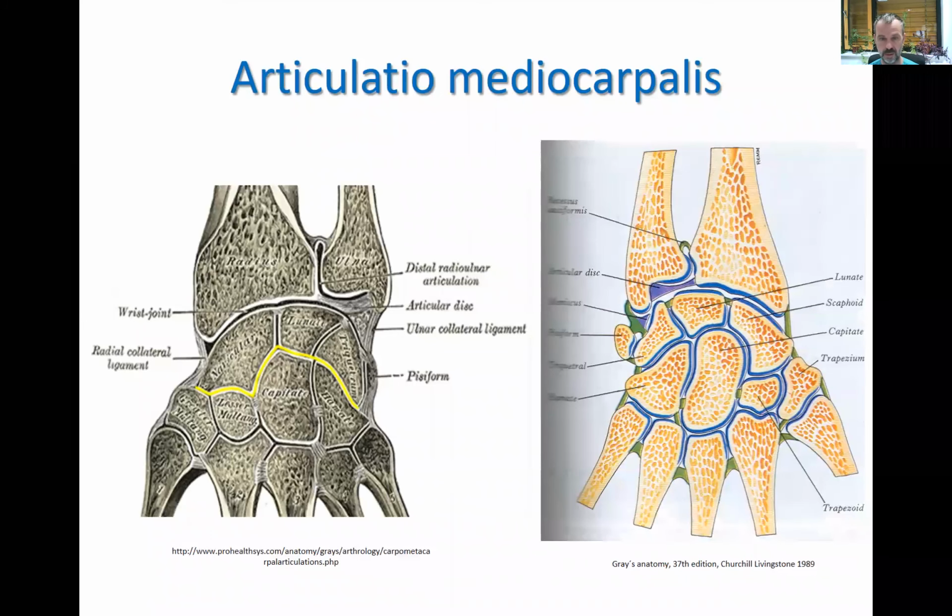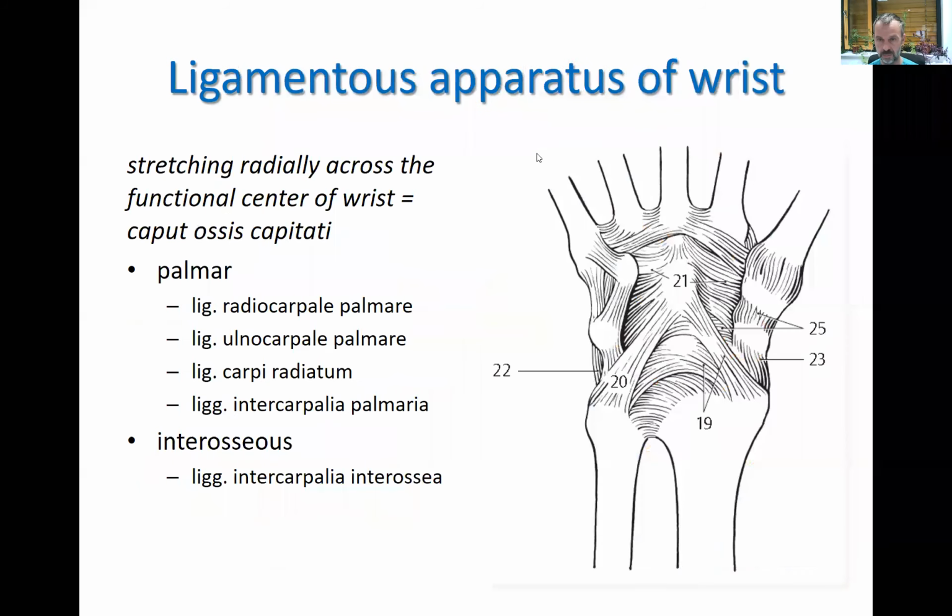So we can see the ligament here, nicely shown, the S-shaped articular cleft, or the articular cavity. And here is a drawing of the radiate carpal ligament. And the very center of it is the head of capitate. So that's the radiate carpal ligament.